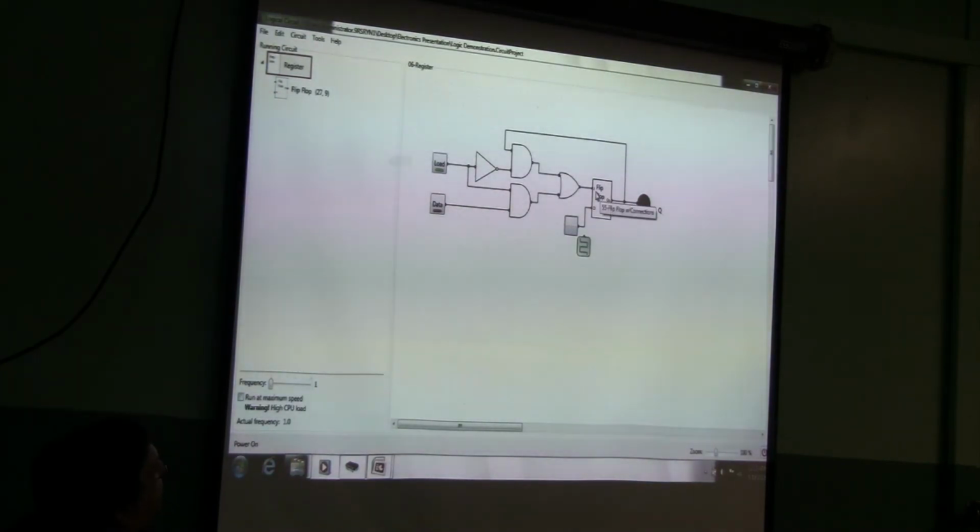And how we're doing that is, this is the set input on the flip-flop, or the latch. And this is the clock input on the latch. And so, let's say we're loading data. We're loading a 1. So, the load is inverted, so this AND gate is off.